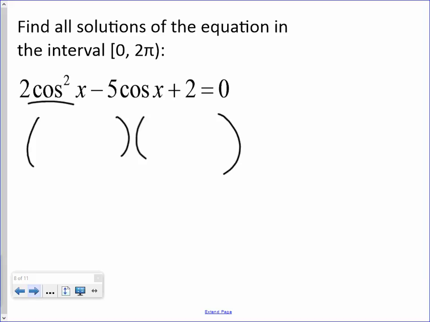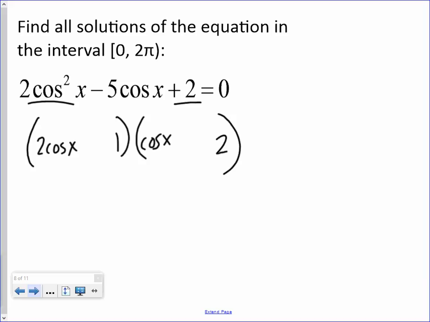In order to get that first term of 2 cosine squared, I must be multiplying a 2 cosine x and a cosine x. To get the last term of plus 2, I must be multiplying 2 and 1. And so you just have to think carefully about where you're going to put the 2 and the 1 in the last places so that you get your middle term of 5.